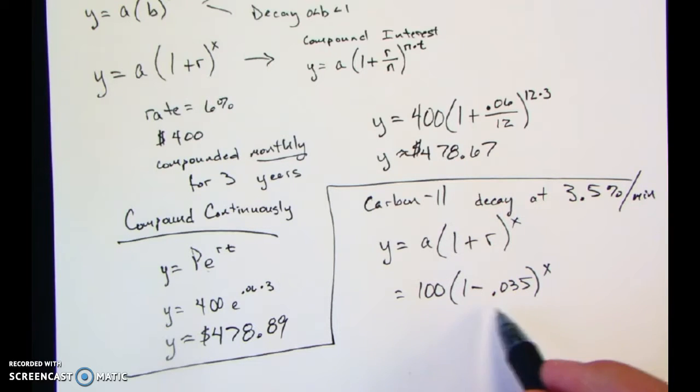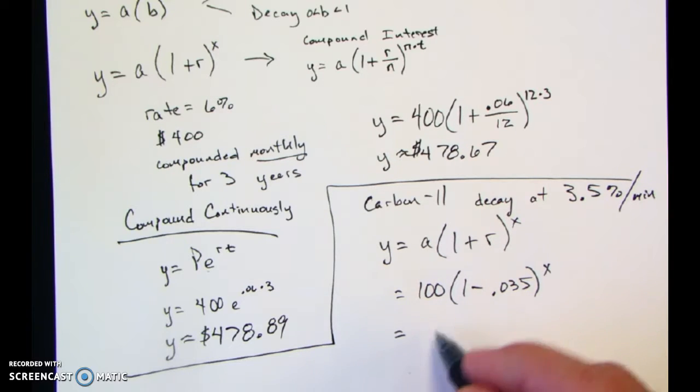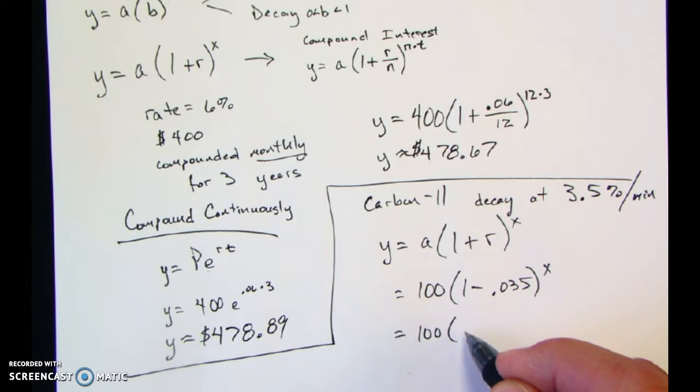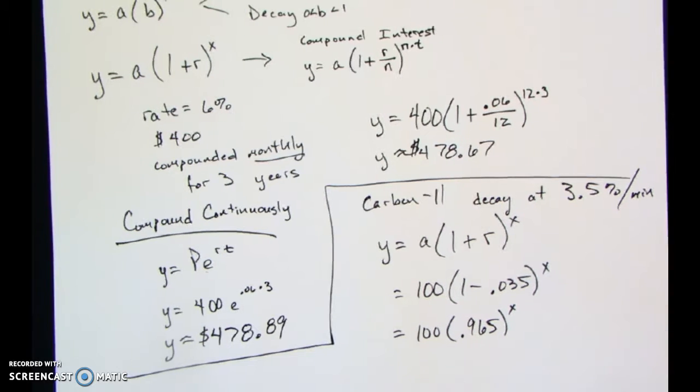So what we end up with is 96.5% of whatever we started with after each minute. This subtracts to 0.965 raised to the x.